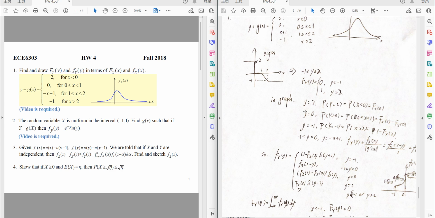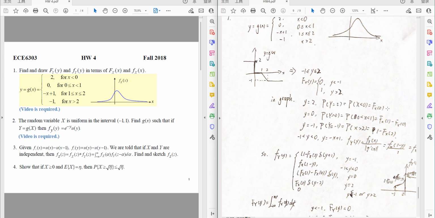So by doing so, we know that when y equals 2, the probability of y equal to 2 is the probability of x less than 0.